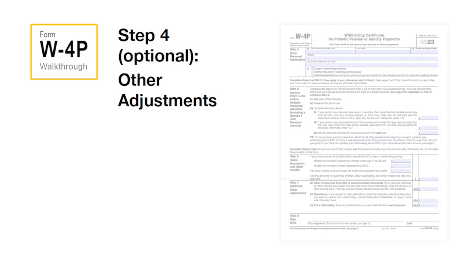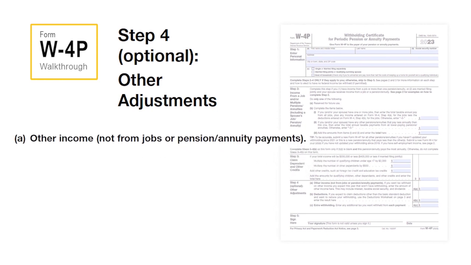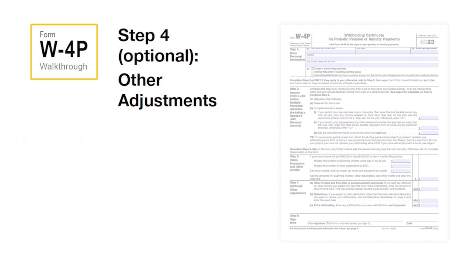If you wish to withhold tax on other future income that won't have tax withheld, you may report that income on line 4A. Common examples of this type of income include interest, taxable Social Security, and dividends.